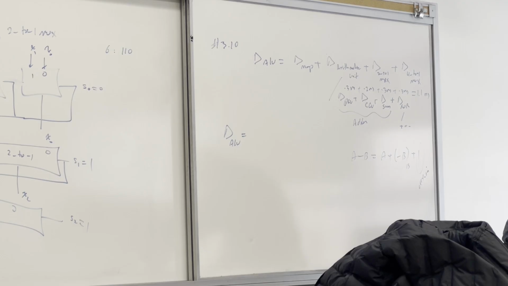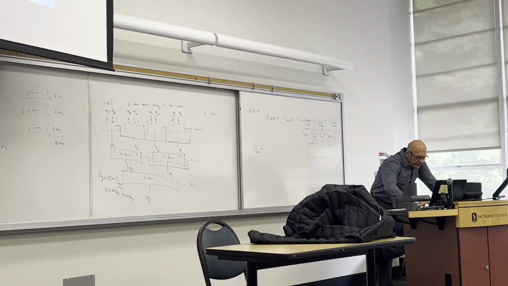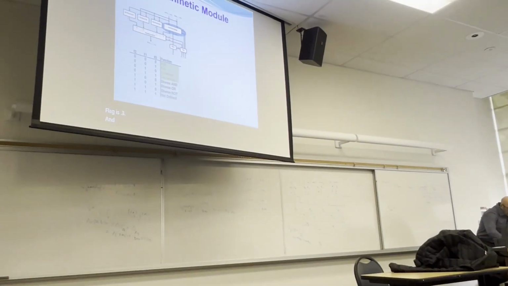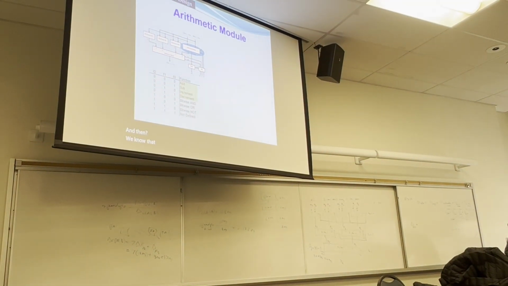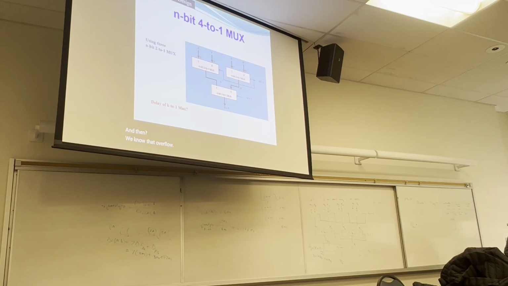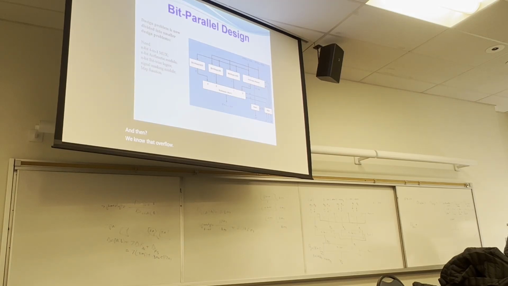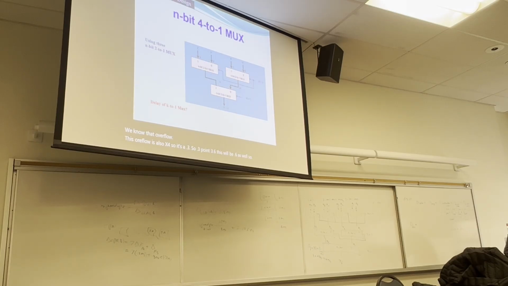Okay? So, and the flag is 0.3. And then we know that overflow is also XOR, so it's a 0.3. So 0.3, 0.3, 0.6. This will be 0.6 as well. So both of them will come at the same time.